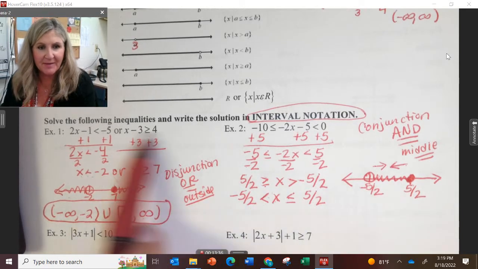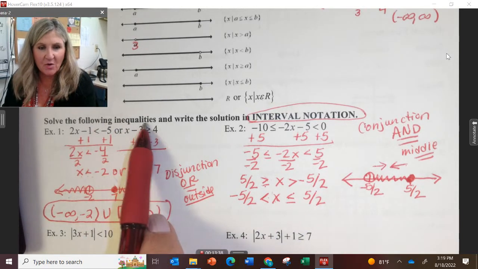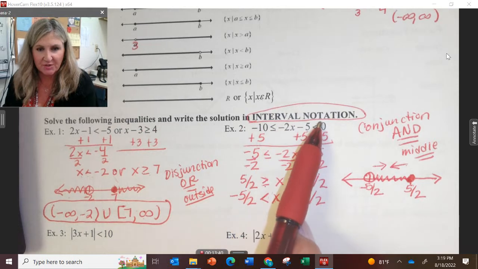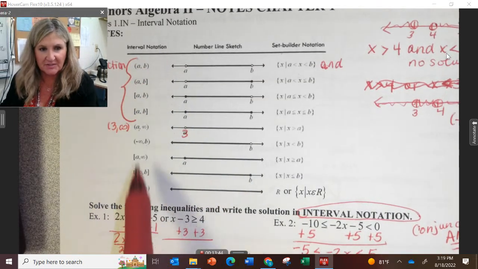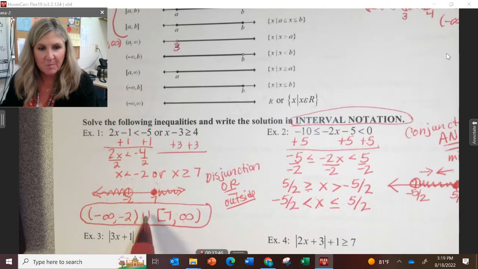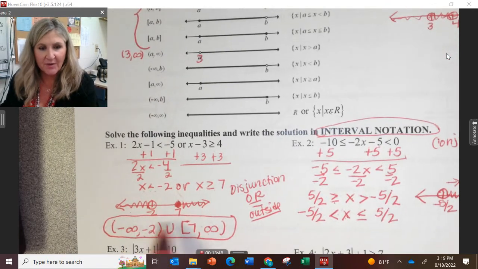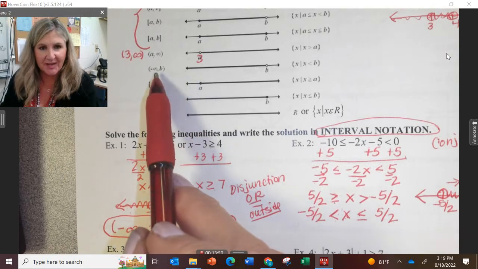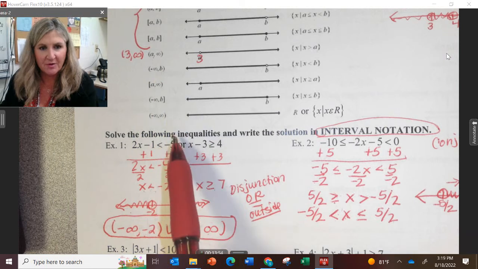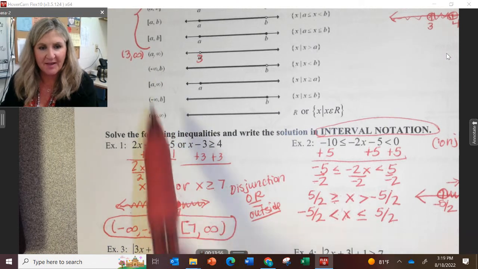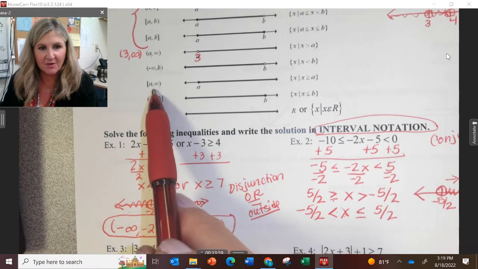Now, back to our main goal here. Solve the inequality, write the solution in interval notation. Interval notation is like all of these examples down here, okay? Over here, we had actually two problems to do. So we had to go negative infinity to our value, and then we had to pick it back up and go from this value to infinity.